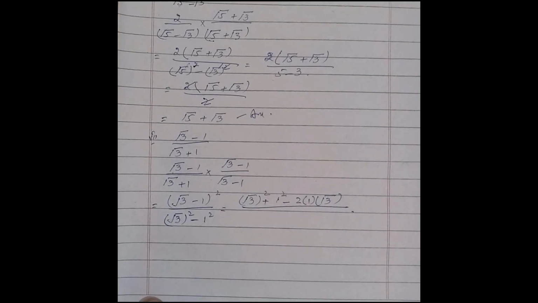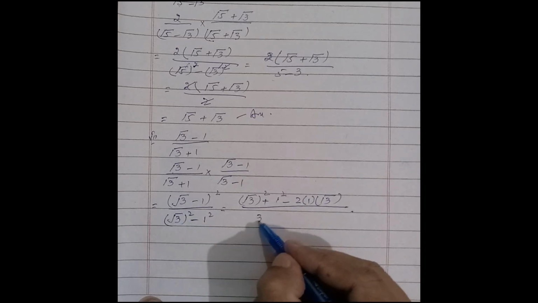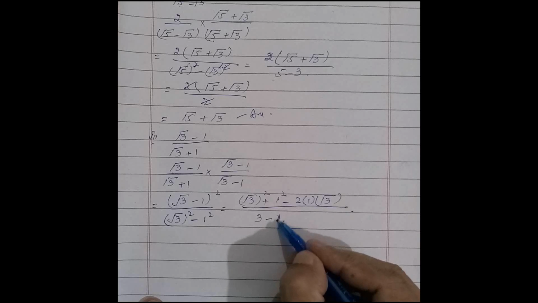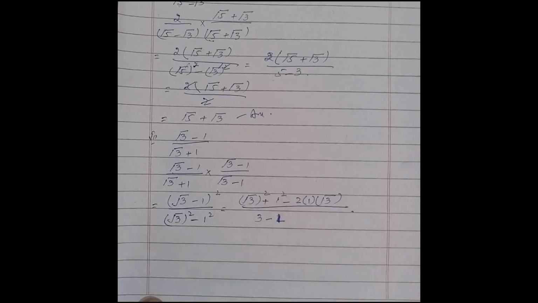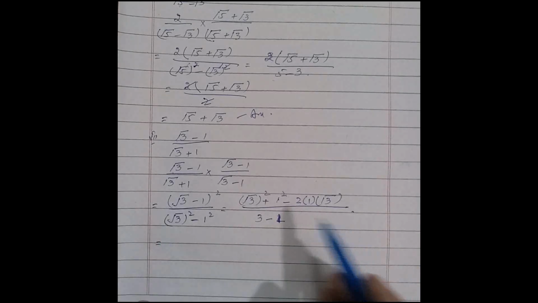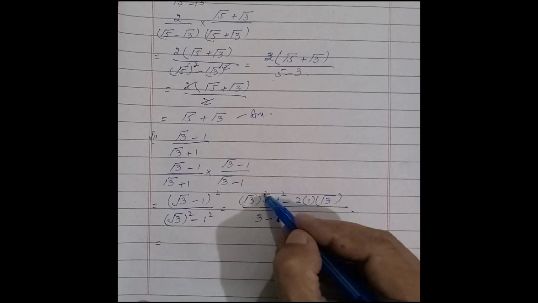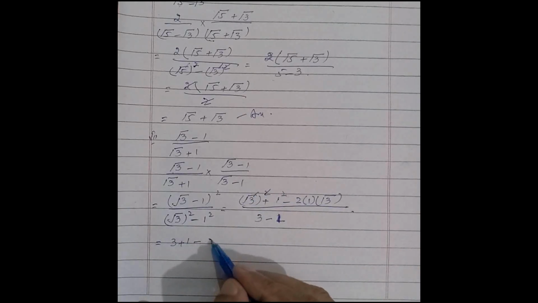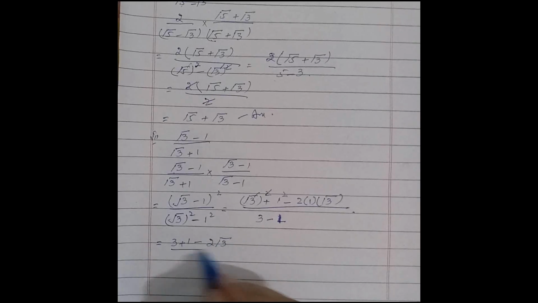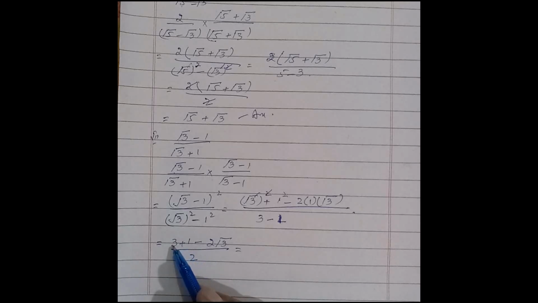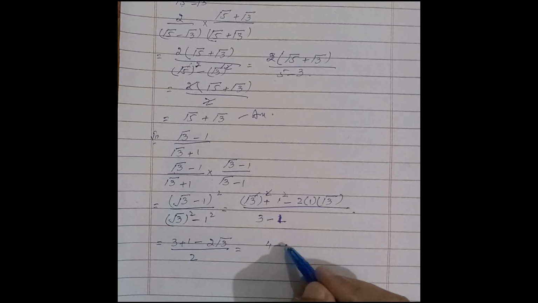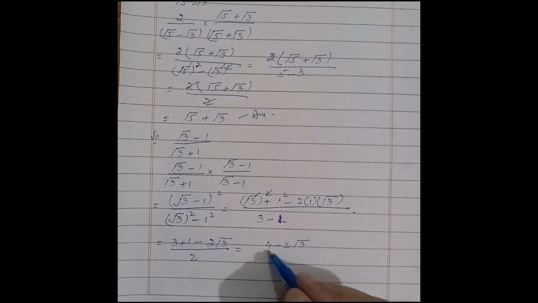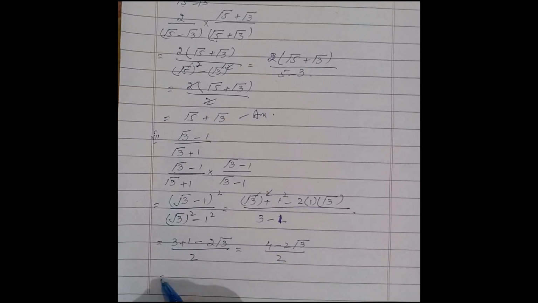Simplify the values: square and square root cancel each other. We have 3 minus 1 in the denominator; 1 square is 1. And in the numerator we have 3 plus 1 minus 2 square root 3 over 2. Further simplify it: 3 plus 1 is 4, so 4 minus 2 square root 3 over 2.